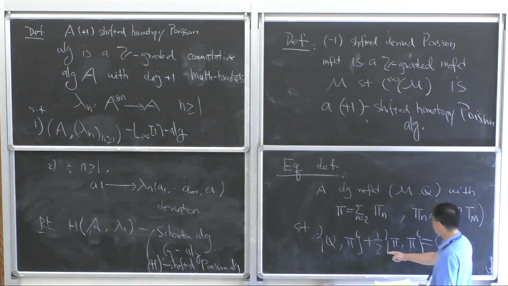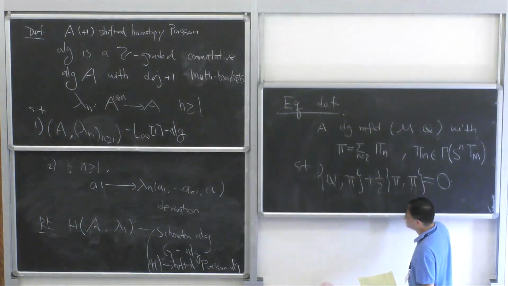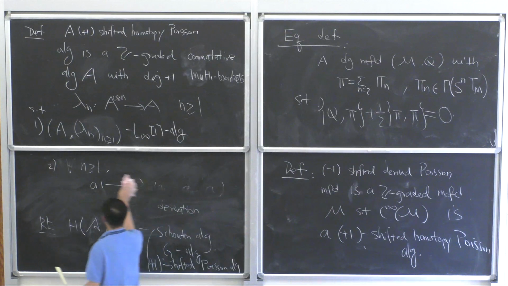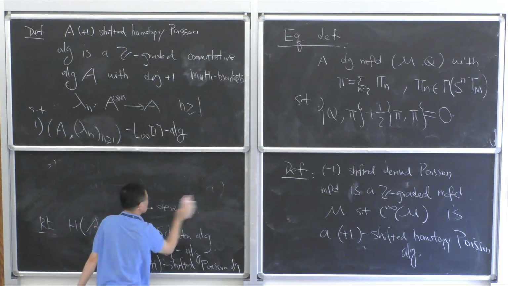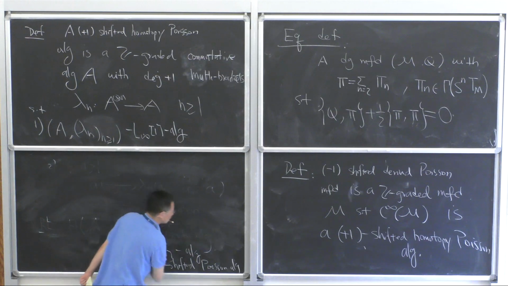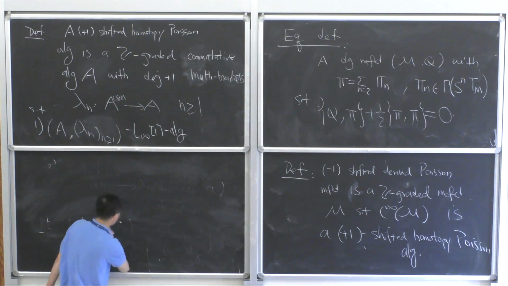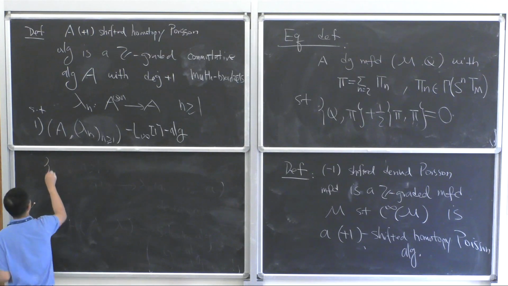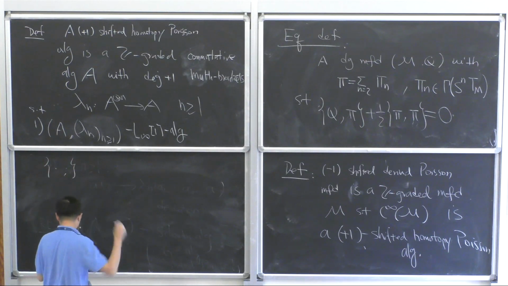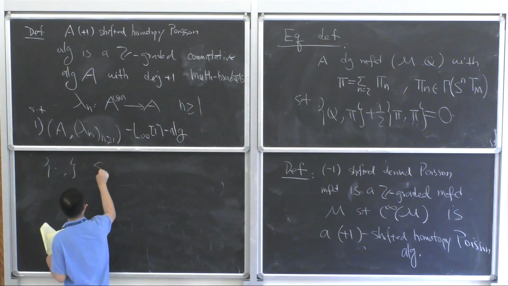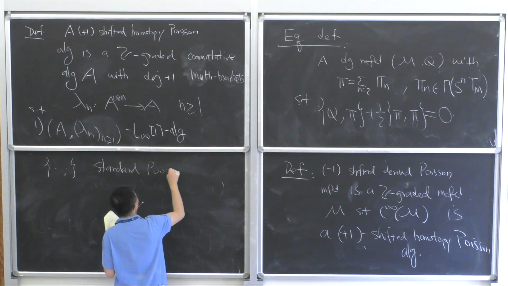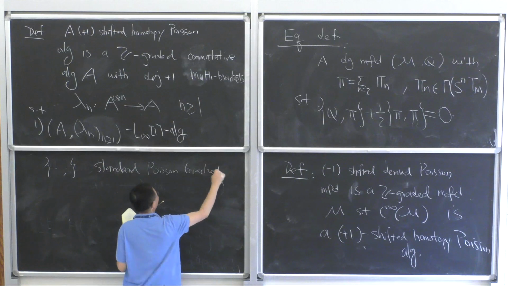And now the only thing is, what is the bracket? The bracket is the standard Poisson bracket on the symplectic manifold.